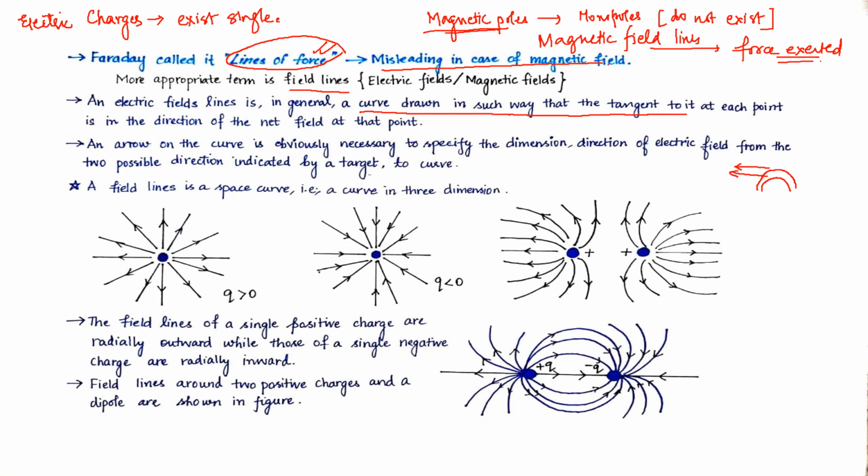An arrow on the curve is obviously necessary to specify the direction of the electric field from the two possible directions indicated by a tangent to the curve. So there are two possible directions for this tangent. For this curve, the tangent can go this way, and this way also possible.